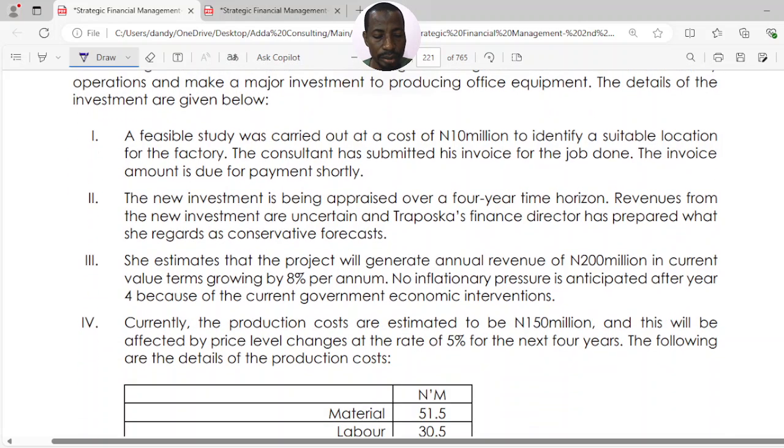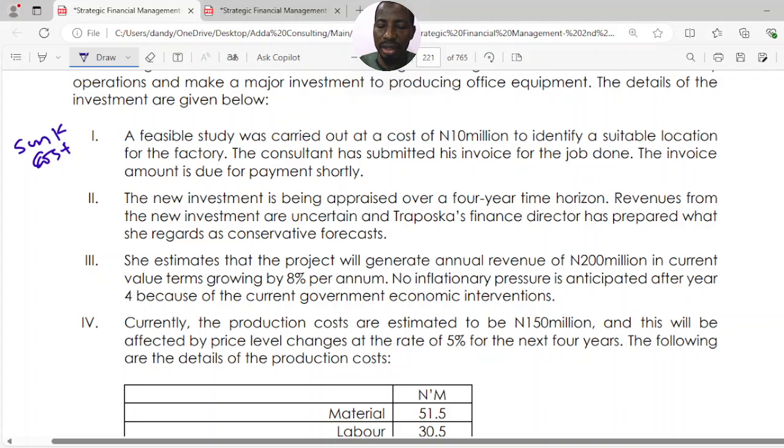Information number 1. A feasibility study was carried out at a cost of 10 million naira to identify a suitable location for the factory. The consultant has submitted his invoice for the job done. The invoice amount is due for payment. This particular information is a sunk cost.